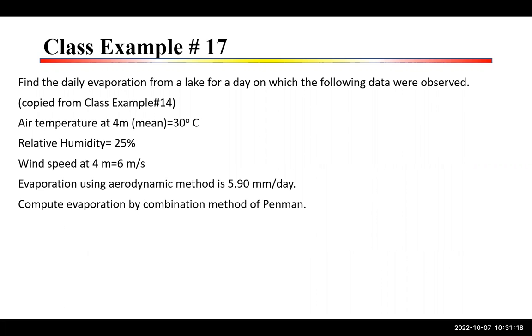In 1948, he introduced this concept that why don't we combine evaporation by aerodynamic method and evaporation by energy balance method. And we know that there will be some weighted factor. So let's write it down.